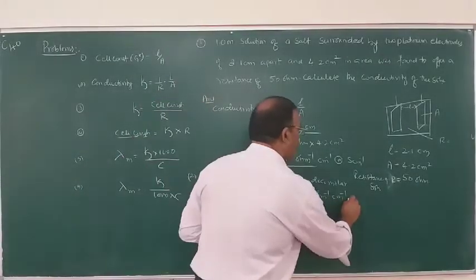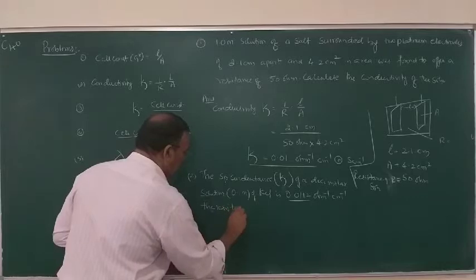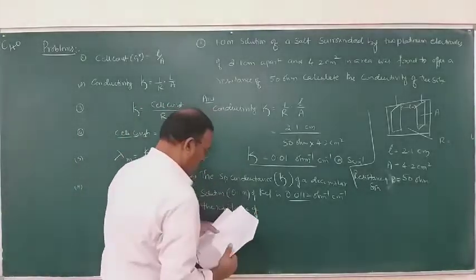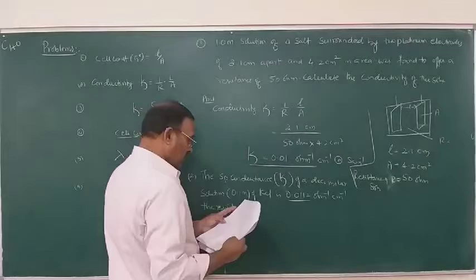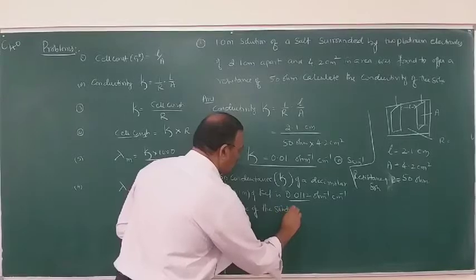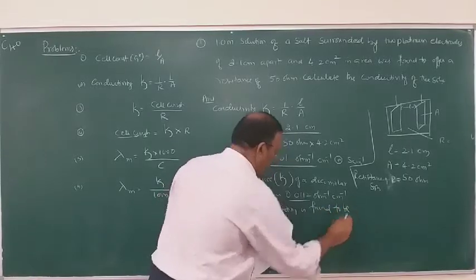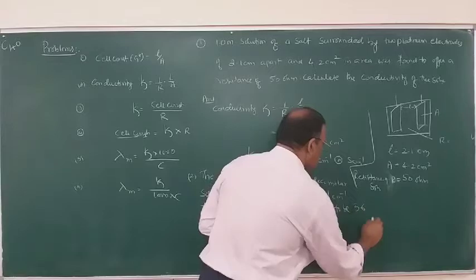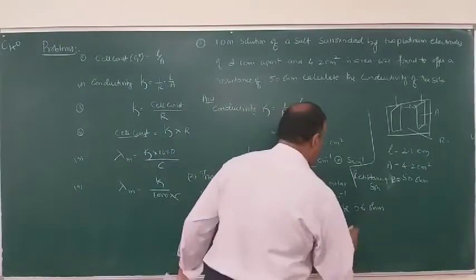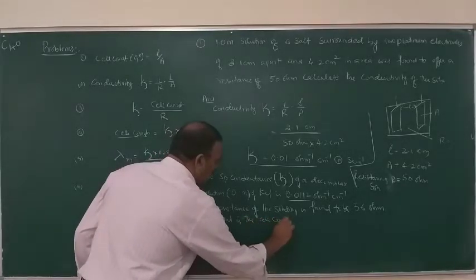The resistance of the solution is found to be 56 ohm. What is the cell constant?